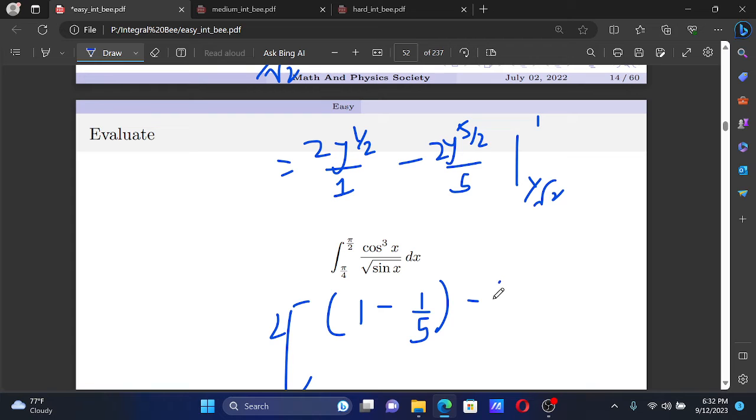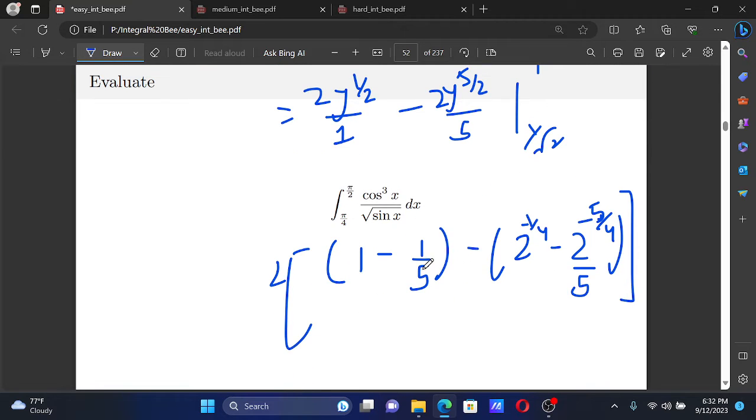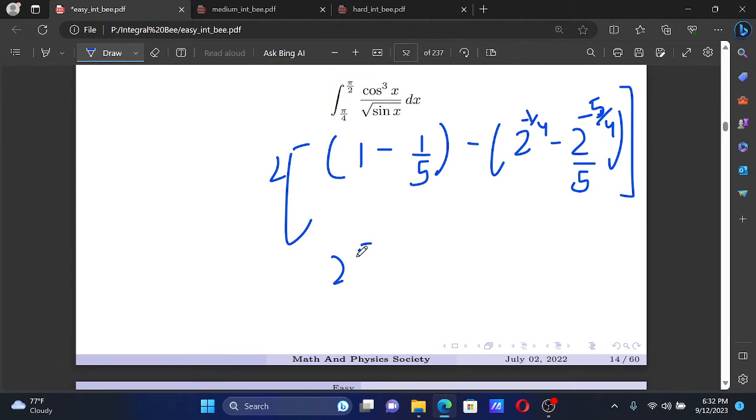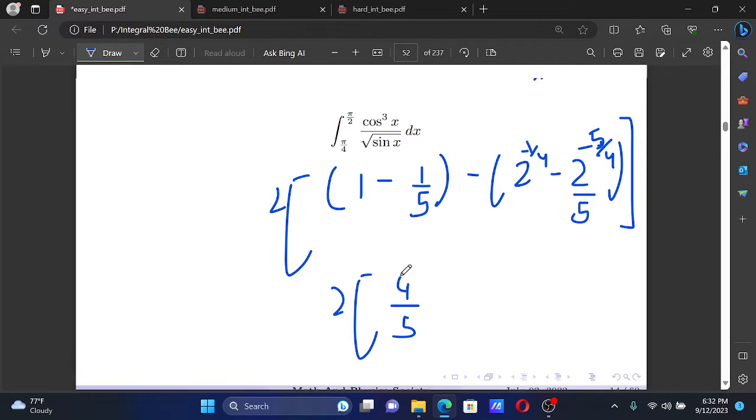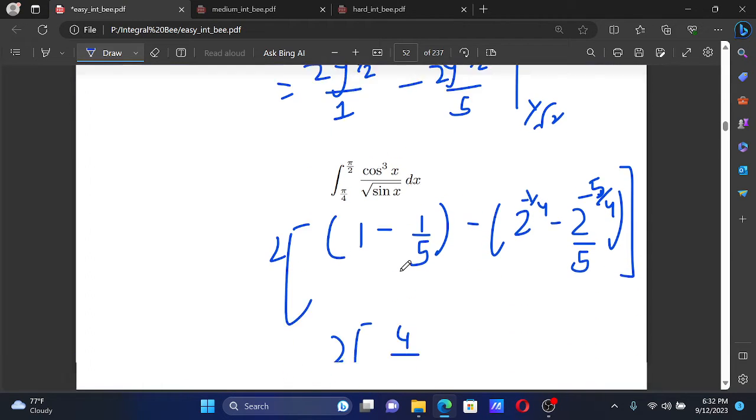Okay, and at this value it's 2 to the power minus 1 by 4 minus over here it's 2 to the power minus 5 by 4 by 5. Yeah, and now 2 times this one is 4 by 5. Is it? Yeah, it is.